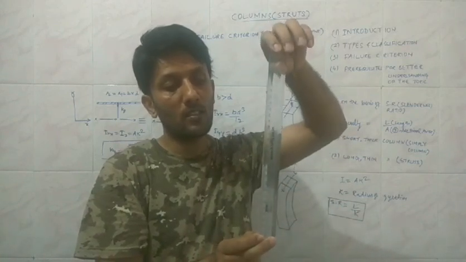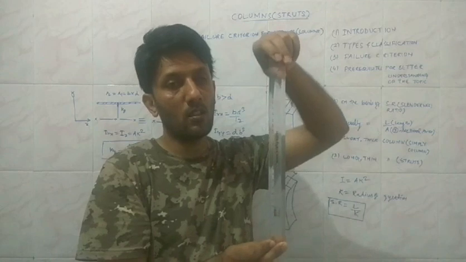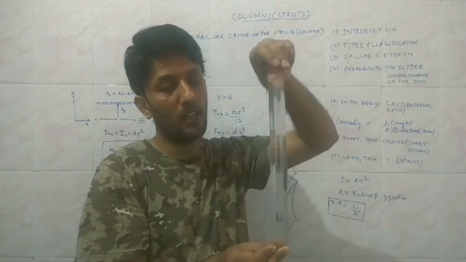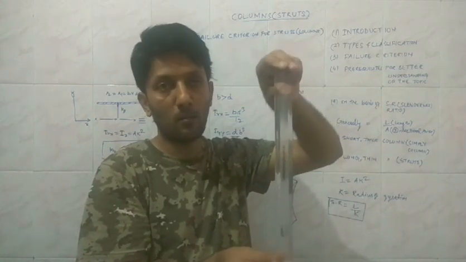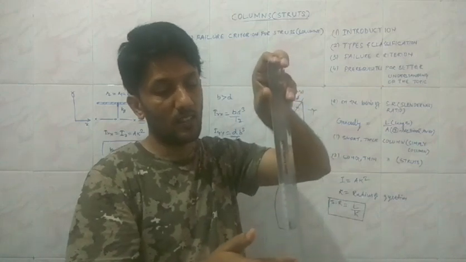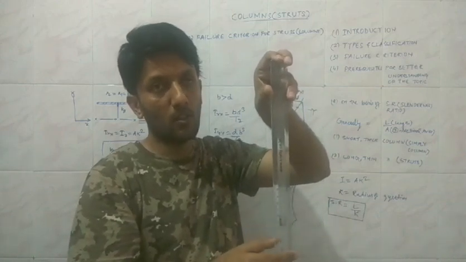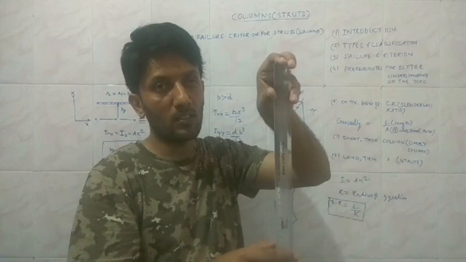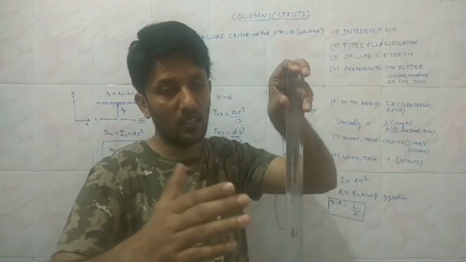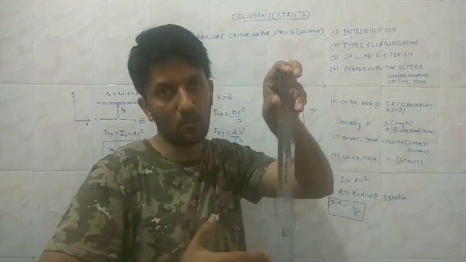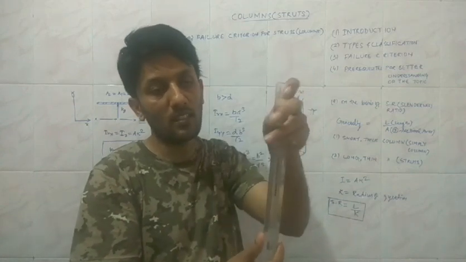So in this case it is going to rotate about the x-axis, the axis which is parallel to the width, because along the width the area is closely distributed about this axis in comparison to the other axis, that is your y-axis.